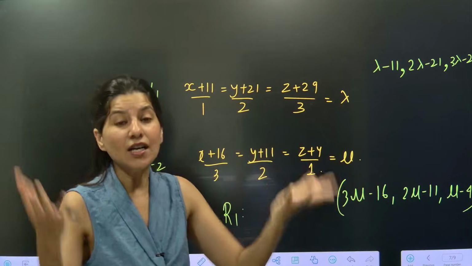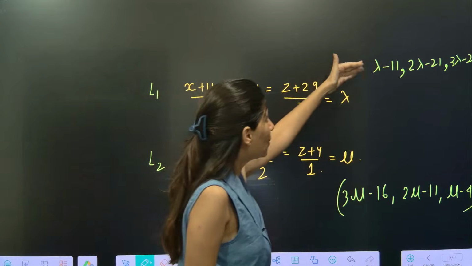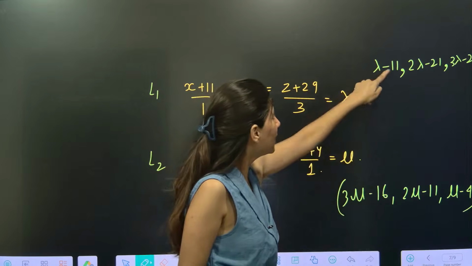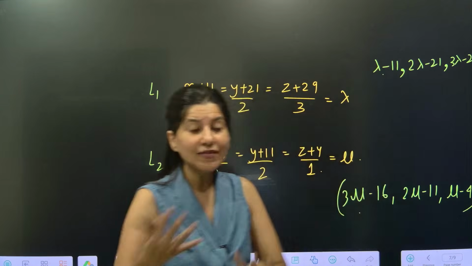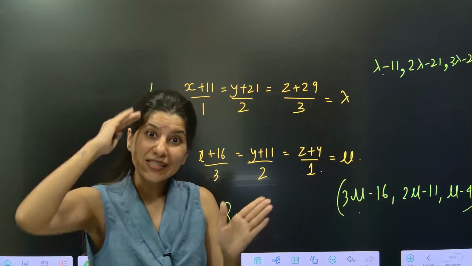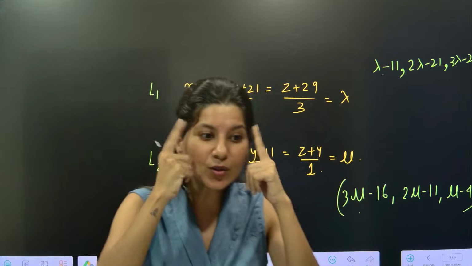Now, the normal procedure is to equate the point on line 1 and the point on line 2, and get the values of lambda and mu. But we are not going to go in that direction because that is lengthy. Think intuitively.